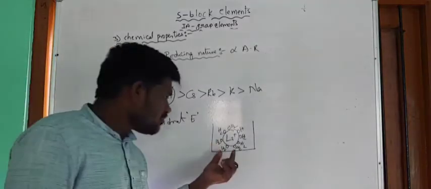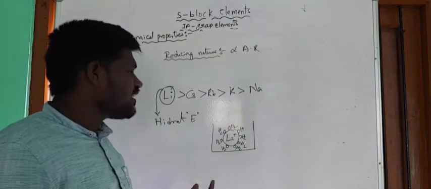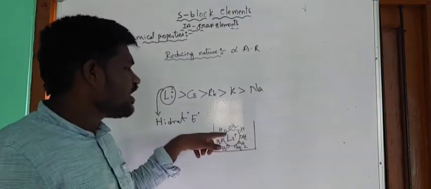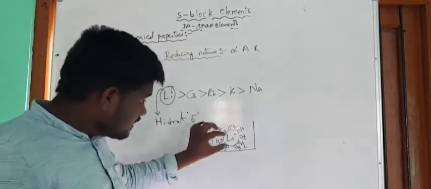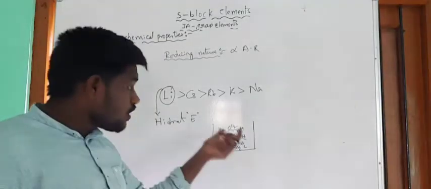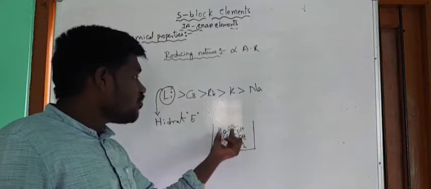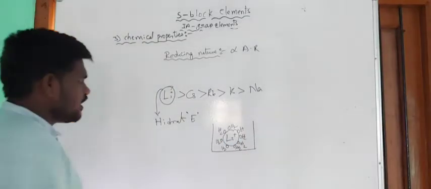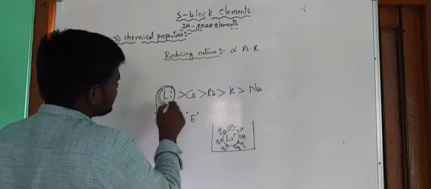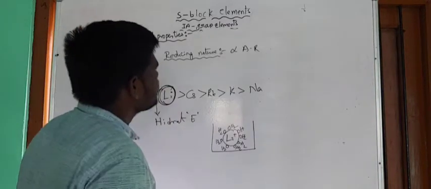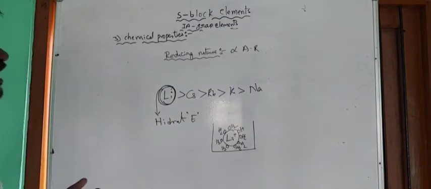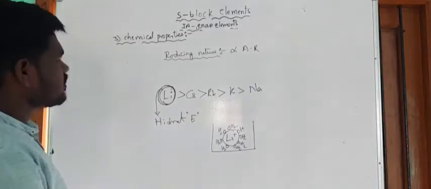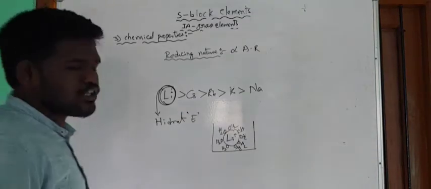So lithium has more hydration energy, it can release more energy and become very stable. It is ready to lose the electron to release more energy and become stable. So simply due to the more hydration energy, lithium shows more reducing capacity than cesium. Okay, so this is the reducing nature of the first A group elements.